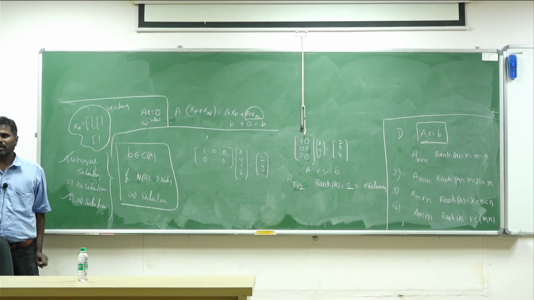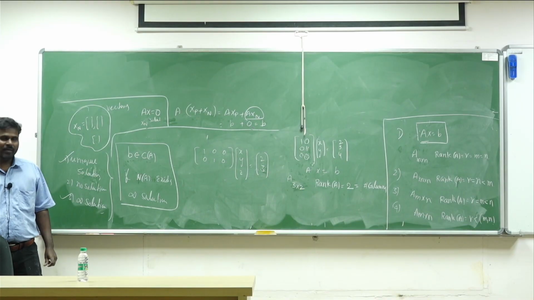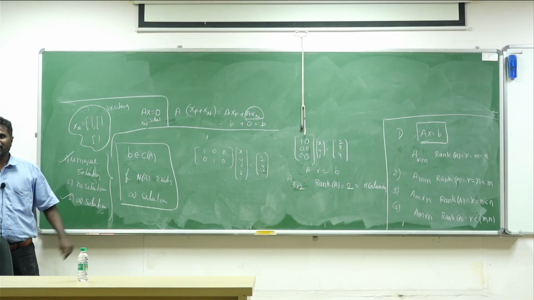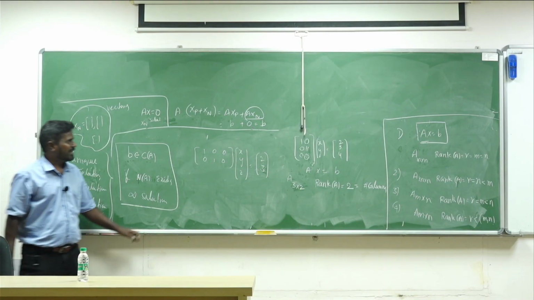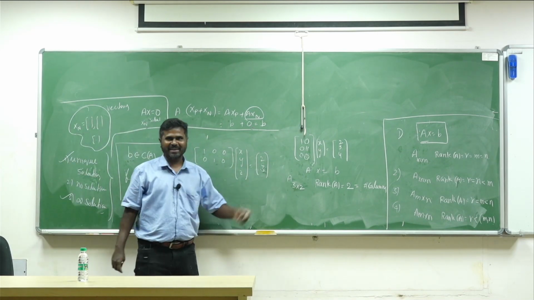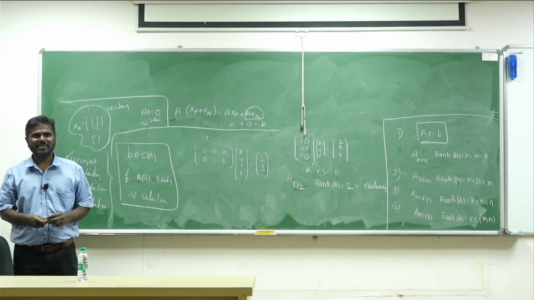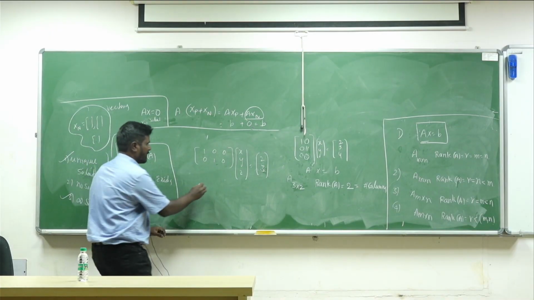What is the rank of that? Can anybody tell me what is the rank of that? I just flipped that matrix, okay. So what is the rank of that matrix? 2, right?